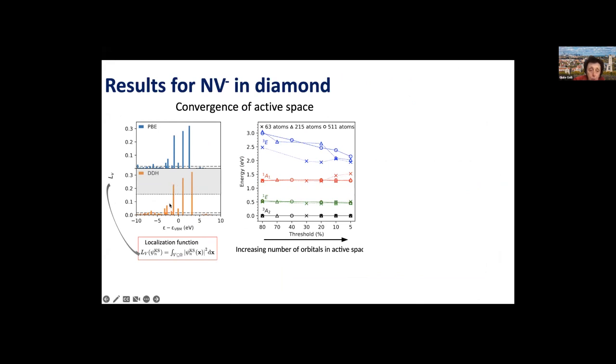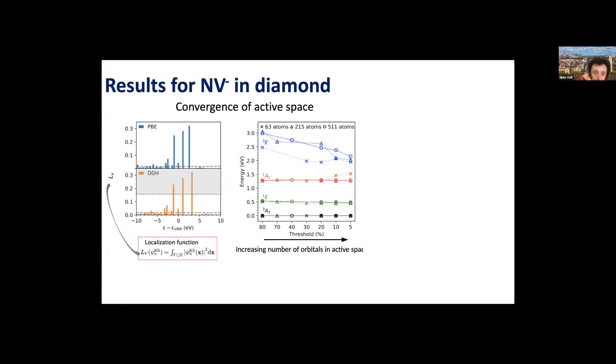The whole construct is based on the fact that I have localized orbitals around my defects. And this is not just a hypothesis that I make to make my theory work. It is because if you want to use these defects as two-level systems embedded in a solid, this is what you physically want to realize, right? You want to have localized states.